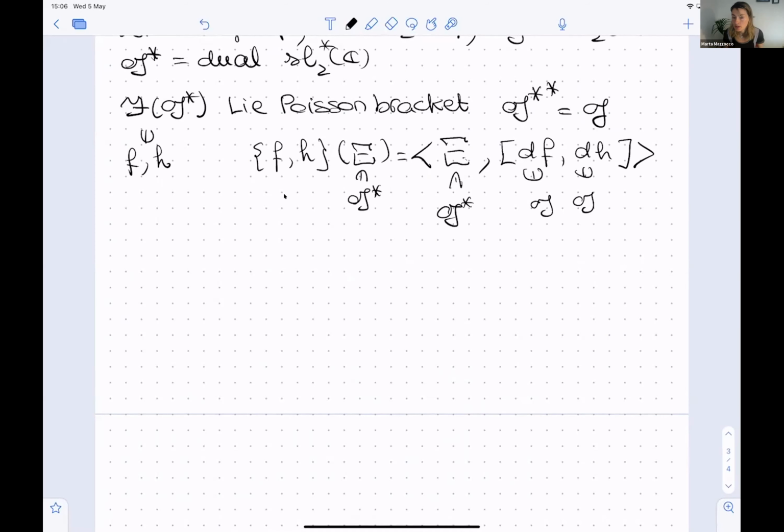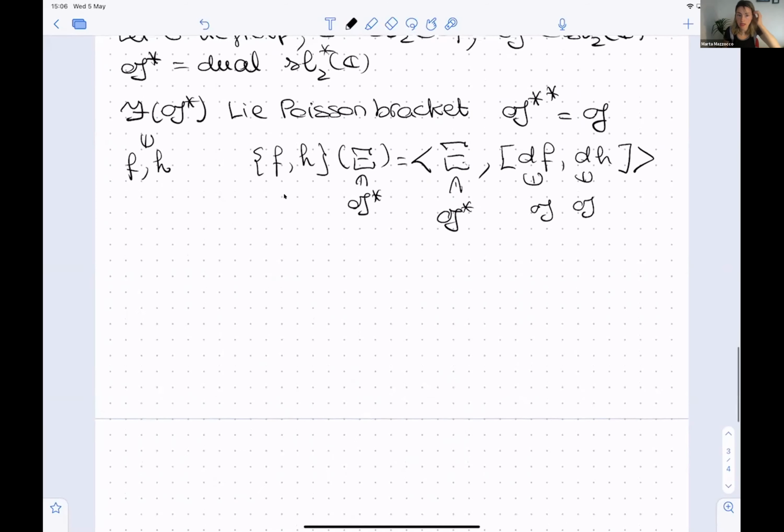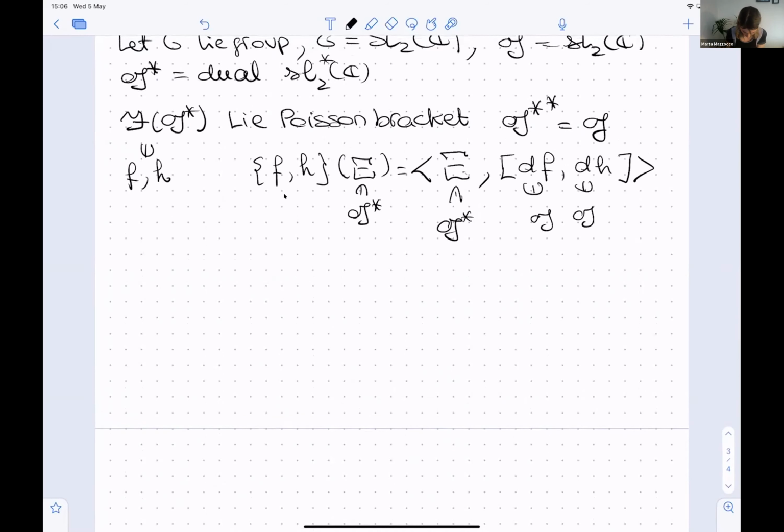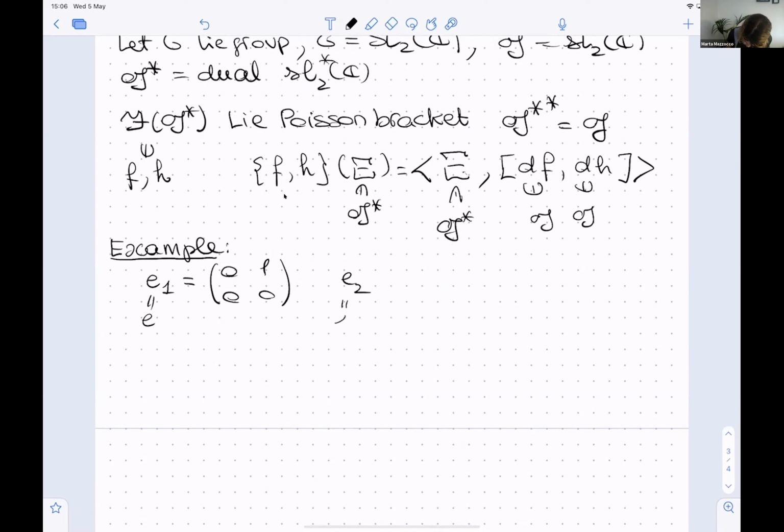Okay. So let me just show you in the example of SL2 how we compute these brackets. In the algebra SL2, we can take the basis of elements in this form. This is normally called E, this is normally called F, and H, which I call E3.